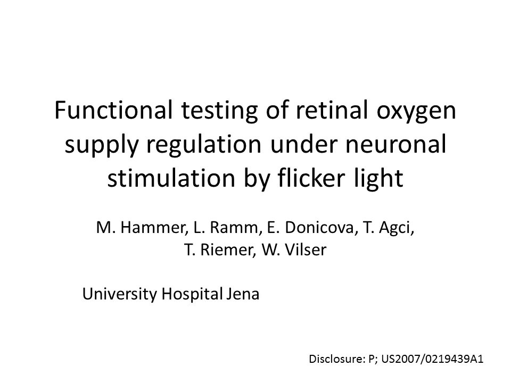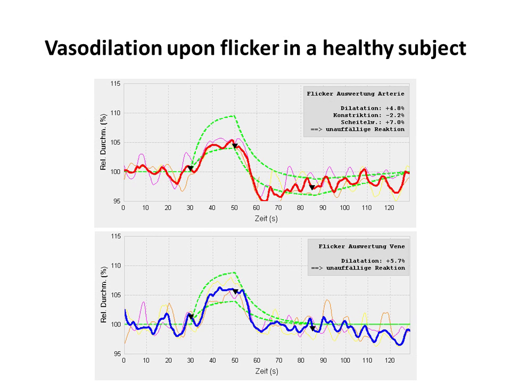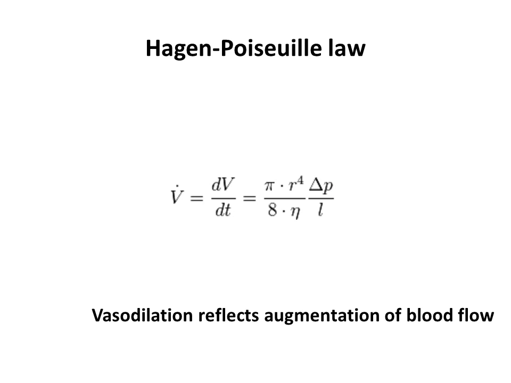And you all know, and Gerhard already has shown it to you, that flicker stimulation results in so-called neurovascular coupling, and by that we see an increase of the retinal arterial and venous diameters during the flicker, and this shows us an increase of the blood flow, since the total blood volume flow per unit of time is related to the fourth power of the radius of the vessel.